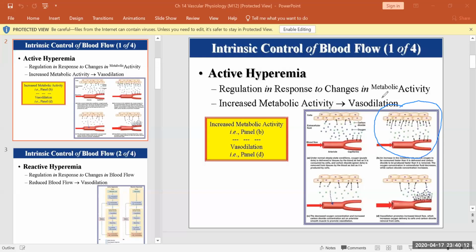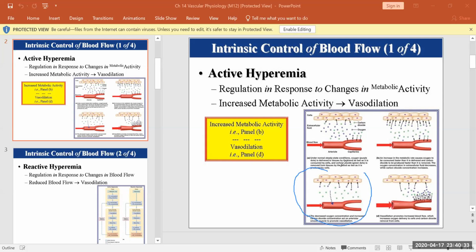Right? So we have a problem here. So the blood vessels can detect that amazingly because of the release of these chemicals. Let's say, for example, carbon dioxide accumulation, oxygen depletion will lead to panel C here.